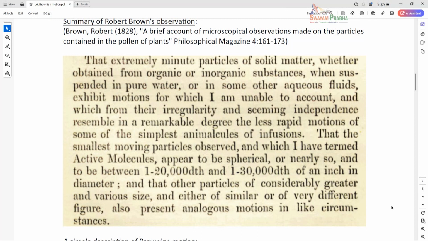It says: extremely minute particles of solid matter, whether obtained from organic or inorganic substances, when suspended in pure water or in some other aqueous liquids, exhibit motions for which I am unable to account, and which from their irregularity and seeming independence resemble in a remarkable degree the less rapid motions of some of the simplest animalcules of infusion. Can anyone guess what this animalcules of infusion means?